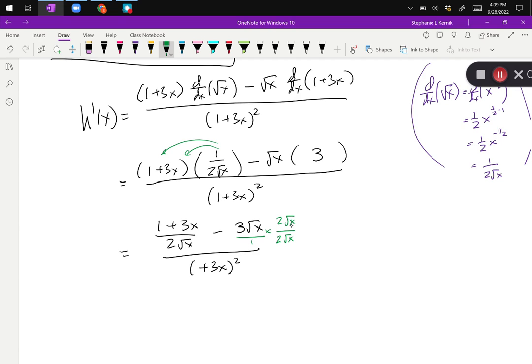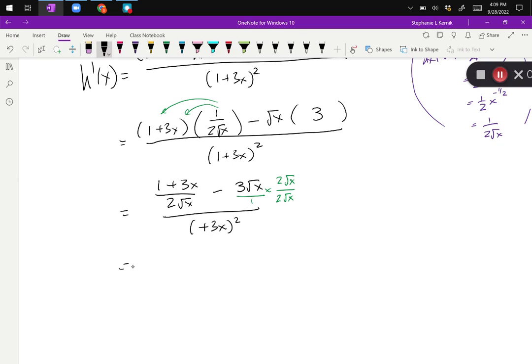So that means I'm going to multiply the top and bottom of the second term in the numerator by 2 square root of x. So this gives me 1 plus 3x over 2 square root of x on that side, minus 3 times 2 is 6. The square root of x times the square root of x is just x over 2 square root of x. And now I have common denominators, and therefore I can combine these two together.